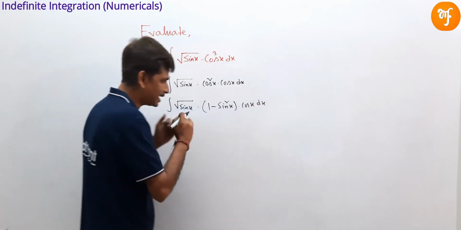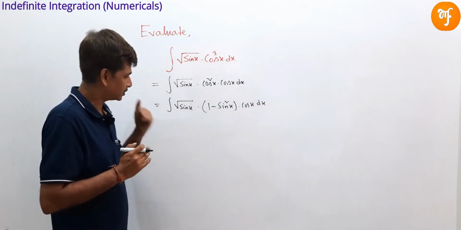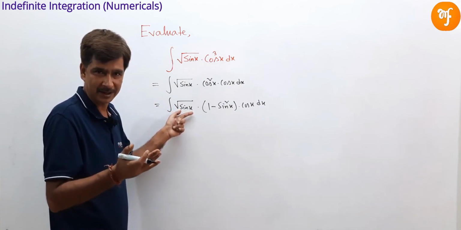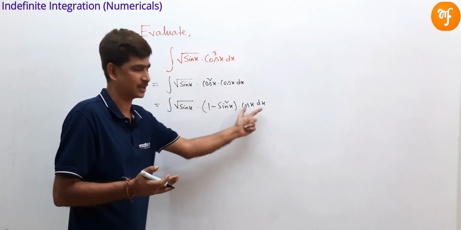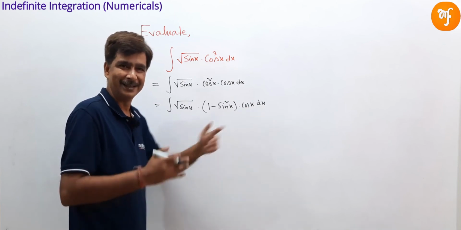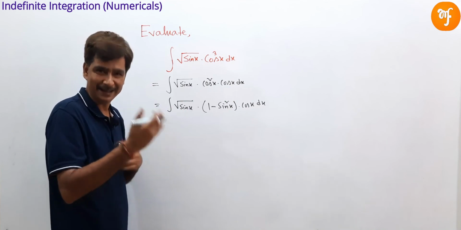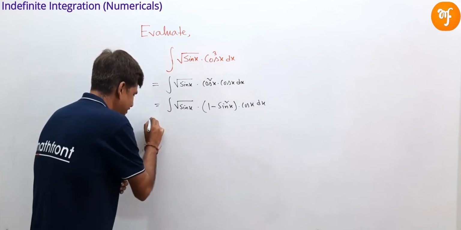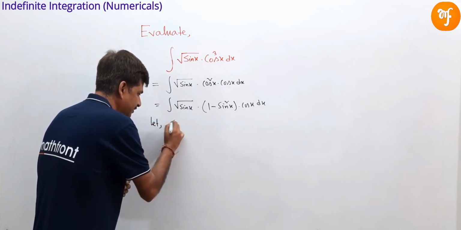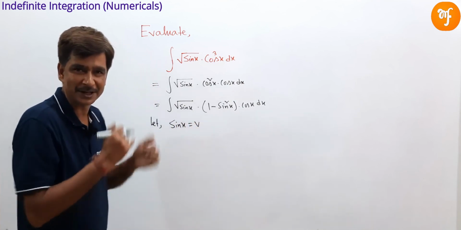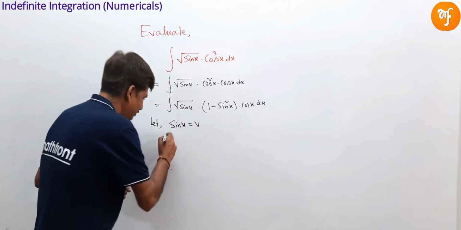Now why do I write it in this way? Because if we substitute sin x by any variable v, the derivative of sin x is cos x dx. Okay, in that case, the whole integration will be in terms of v and dv. So just assume, let sin of x is equal to v. Now differentiating both sides with respect to x, what will we get?